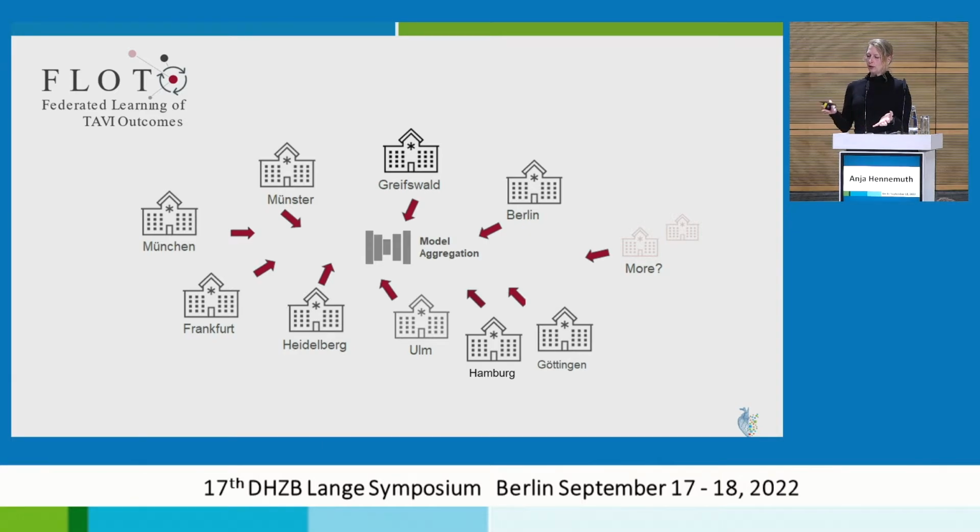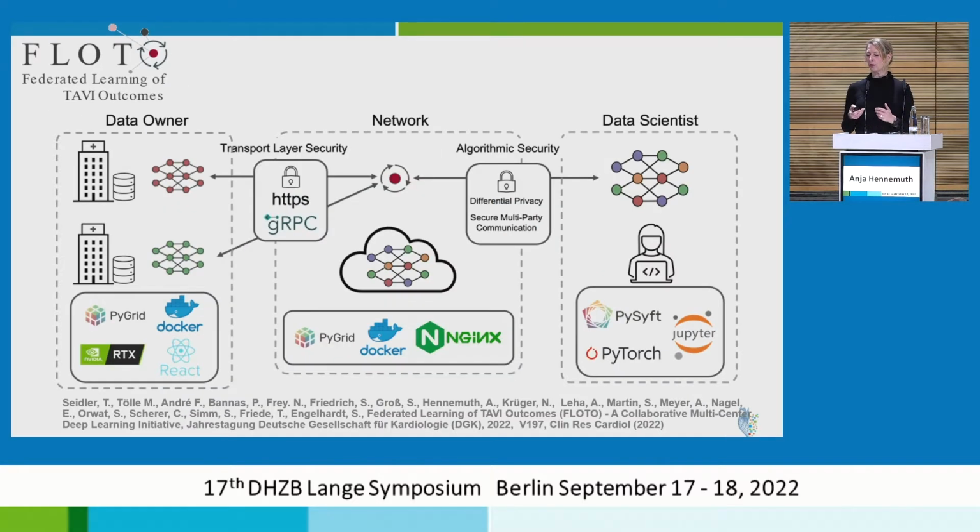So at the moment, we have a bunch of clinical sites which contribute here with their data and their knowledge, and they are all integrated via a system of interconnected computers that enable the processing of the data locally.